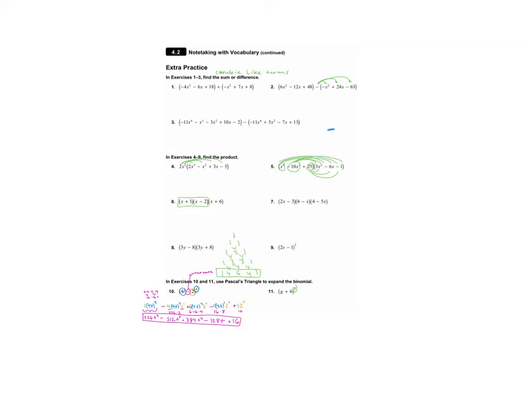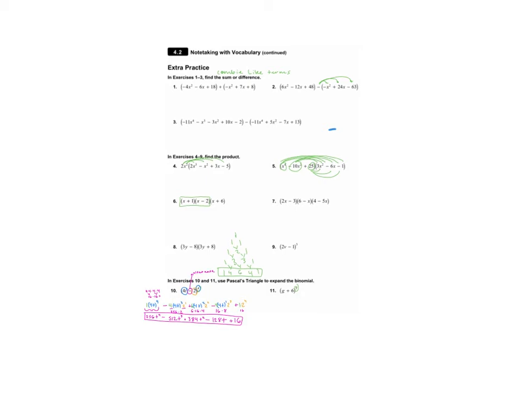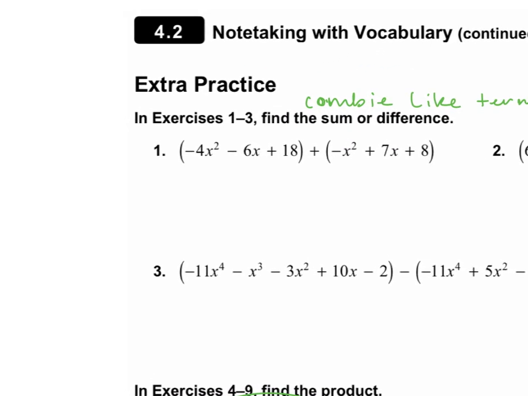Okay, so for 1, 2, and 3, we combine like terms. Looking at number 1, we combine our x squared terms and just add our coefficients together. So what would we get for our first term here?